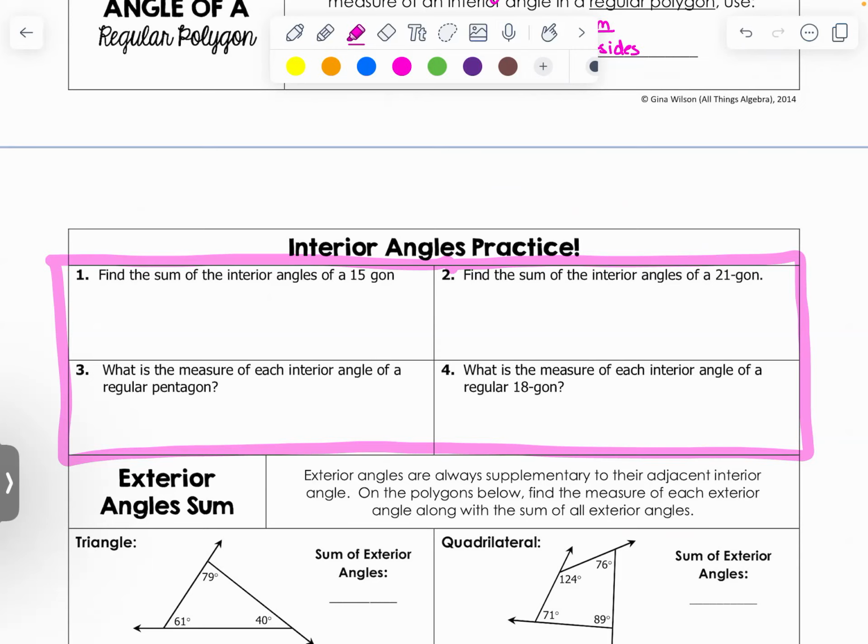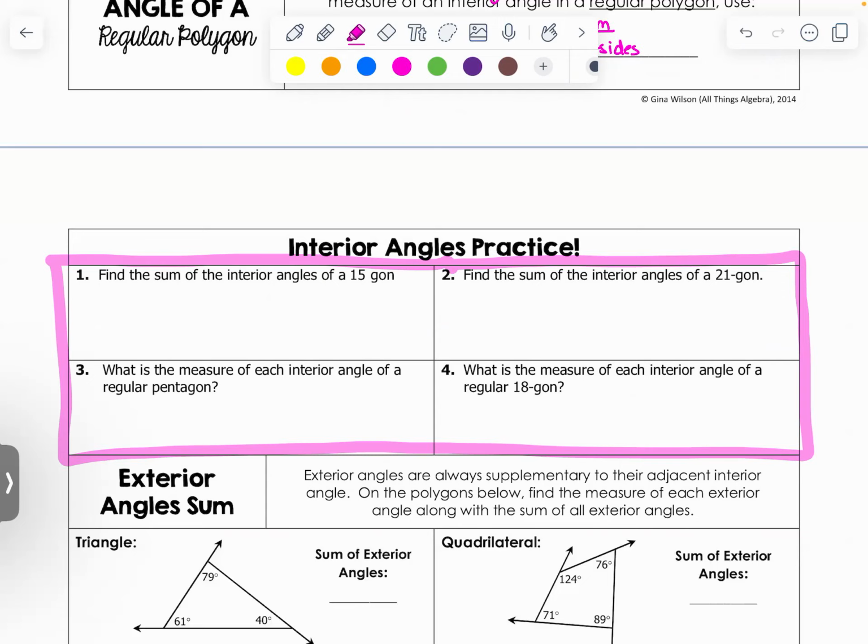What is the measure of each interior angle? A pentagon has 5 sides. It's 540 divided by 5, which is 108.